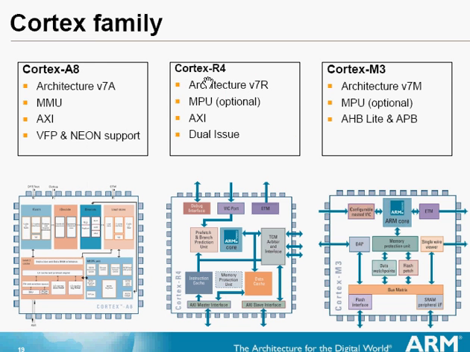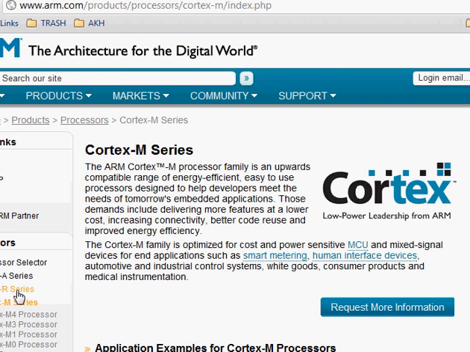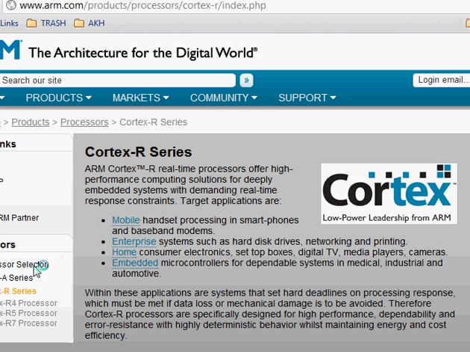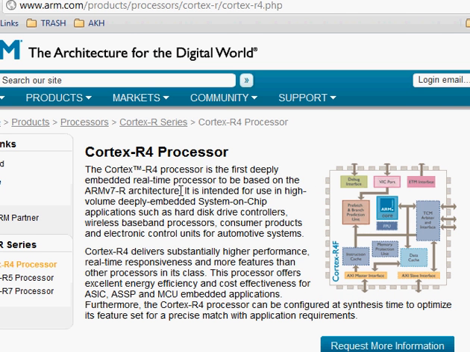Similarly, we have Cortex R4 and Cortex M3. Cortex R4 is for real-time applications. If you want to know more about this, here is the Cortex M series. If you want to know about the Cortex R series and the R4 processor, here you are. The Cortex R4 processor is the first deeply embedded real-time processor to be based on the ARM version 7 architecture.